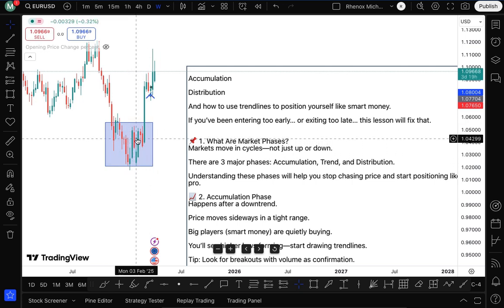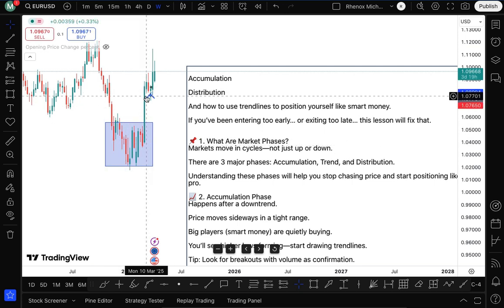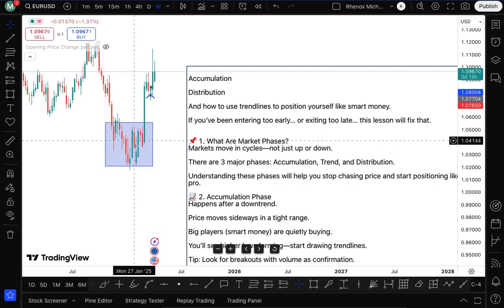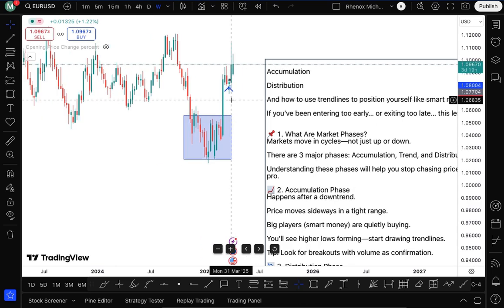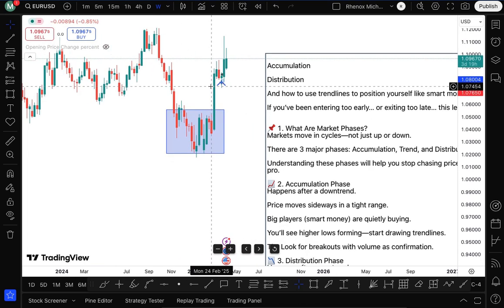And immediately after this consolidation was done, you notice we had this pump to the upside. So in here, the market makers, which are big players, were stacking in their orders. If you want to catch these moves with the big traders, all you need to do is position yourself to be able to spot higher lows forming.